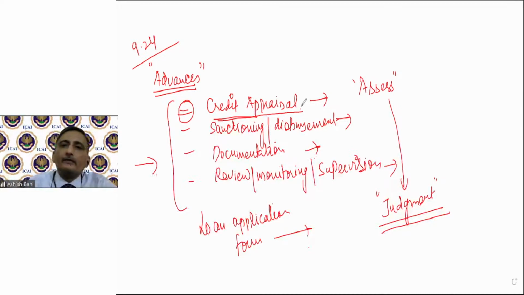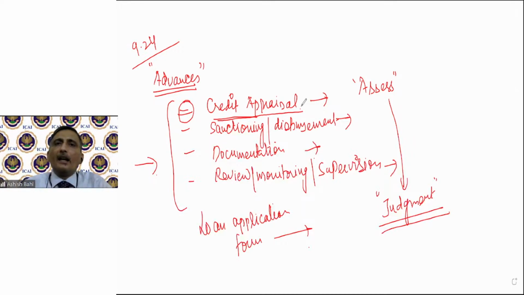Okay. Now, once credit appraisal has been done, then what is the second part? The loan is sanctioned. Now, students, you also have to remember that banks work according to the system of delegation of powers.